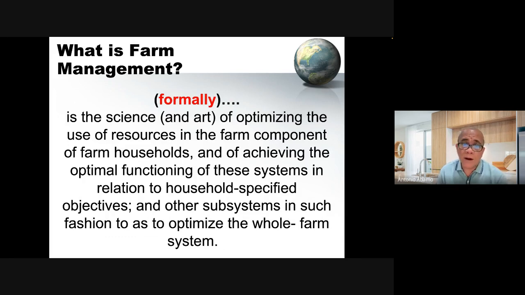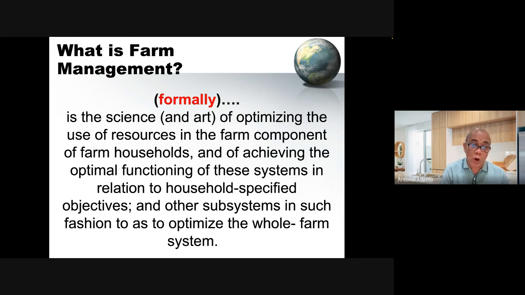Therefore, farm management is the science and art of optimizing the use of resources in the farm component of farm household and achieving the optimal function of this system in relation to household specified objectives. Okay?